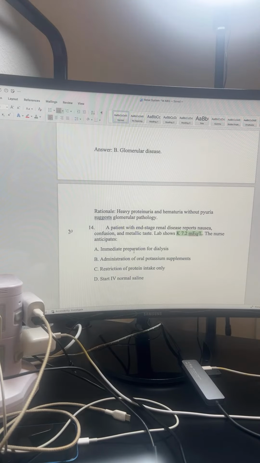I see B, administration of oral potassium supplements. Was it a mistake? Definitely you want to get this patient ready for dialysis because this potassium is too high.